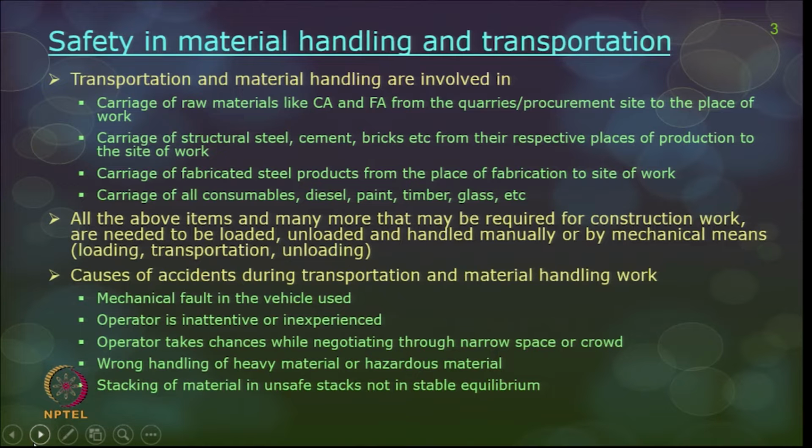Material handling is a common term which we generally use to cover all these different tasks with regard to materials. Now, what are the materials generally handled on the site? There are a lot of raw materials and also processed materials.